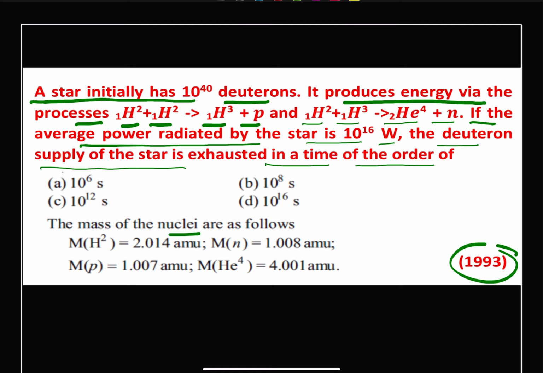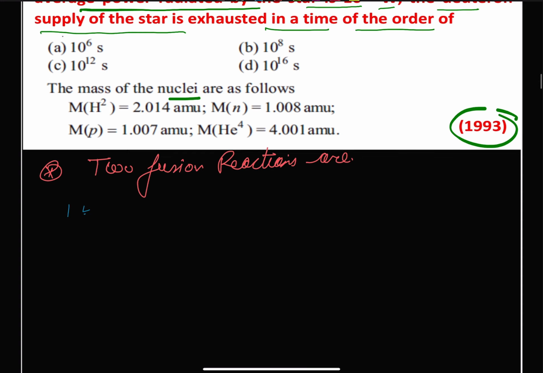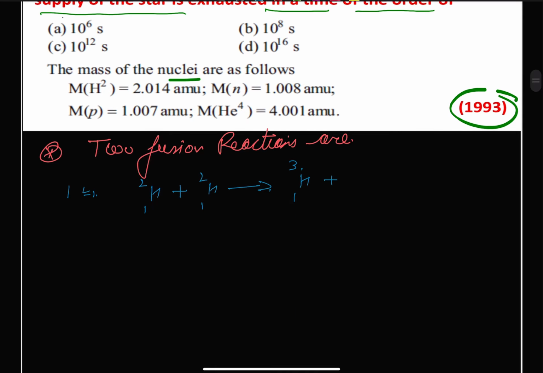So basically it is involving two fusion reactions. Our first fusion reaction is H12 plus H12, which gives us H13 plus a proton, which is 1:1.